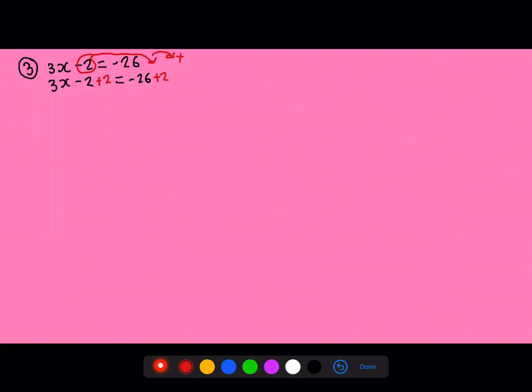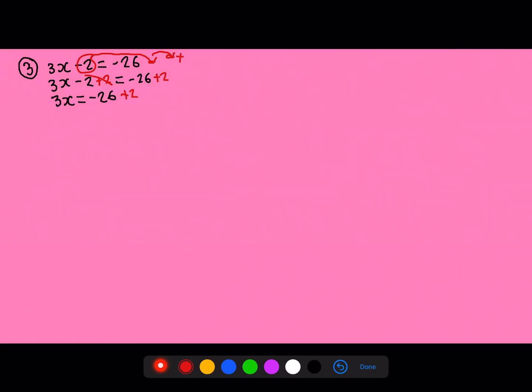So whatever we do to one side, we do to the other all the time in math. Don't forget that rule. It's really important. Okay, so now since it would cross out, we just get 3x equals negative 26 plus 2.